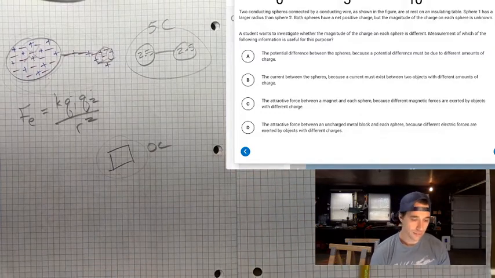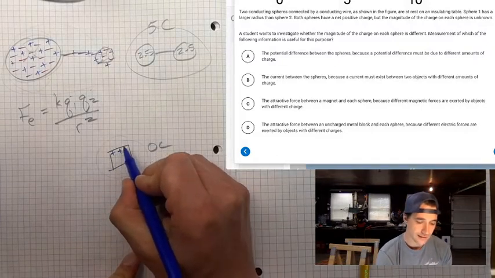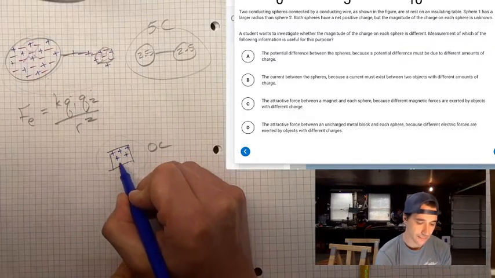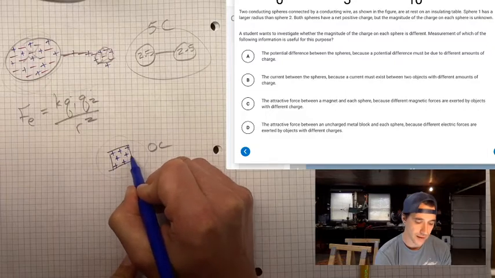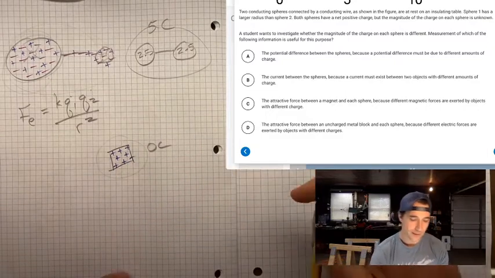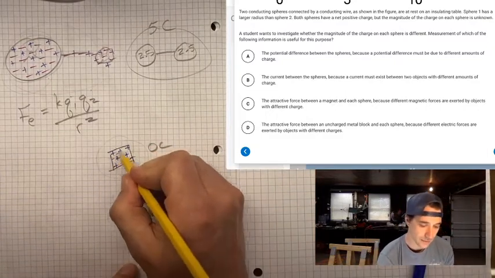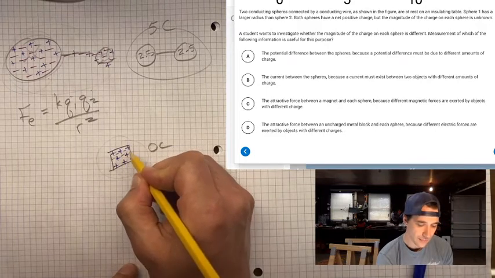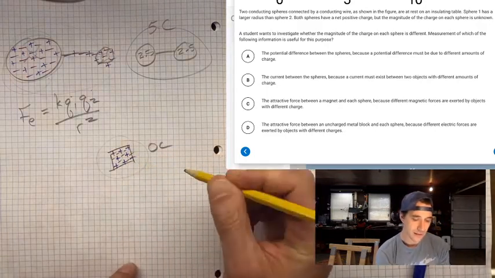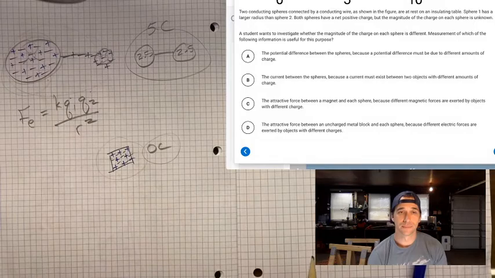I'm going to draw all of my positives. They're in a solid, so they're stuck in place. And I'm going to draw my negatives in pencil because in a second, I'm going to move them. But we know that they're balanced out right now because our net charge is 0.